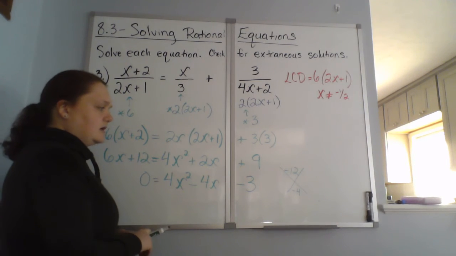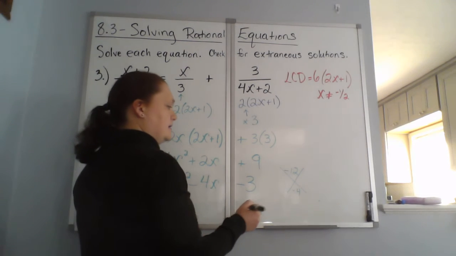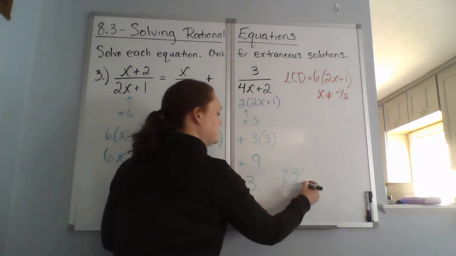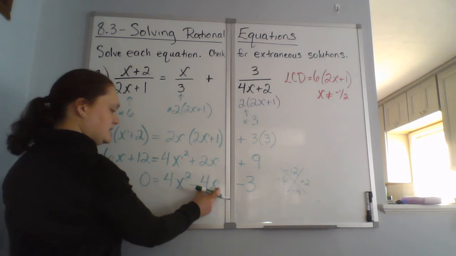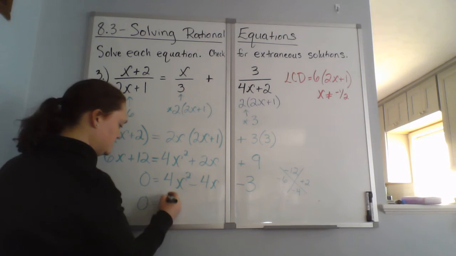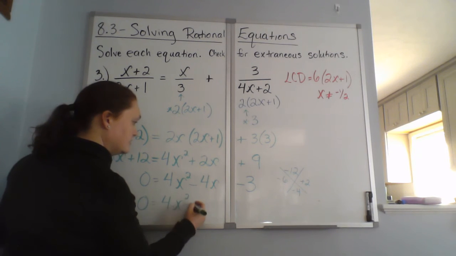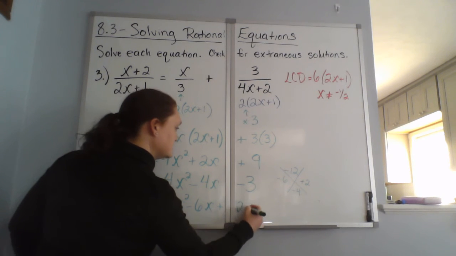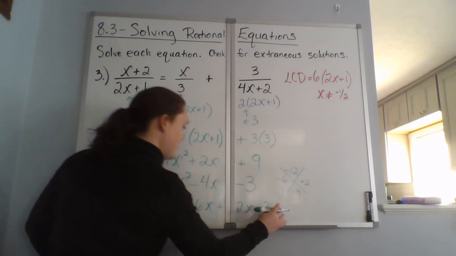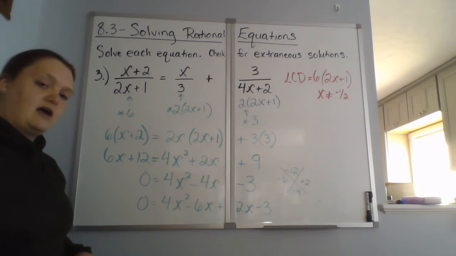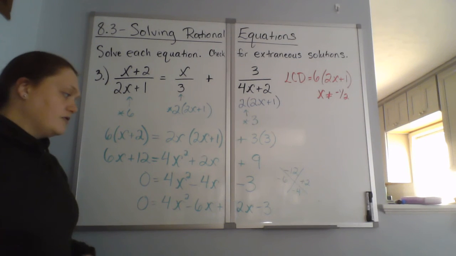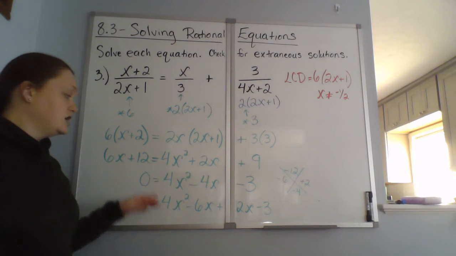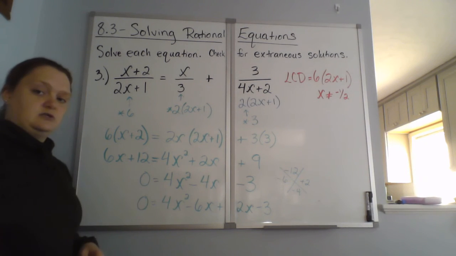And if we go through and think about that, it's going to end up being -6 and +2. And we could replace this and do 0 equals 4x squared minus 6x plus 2x minus 3. And then we could factor by grouping with that 4-term polynomial. Or for those of you that are really proficient with guess and check, then we can just go through and factor this using guess and check.